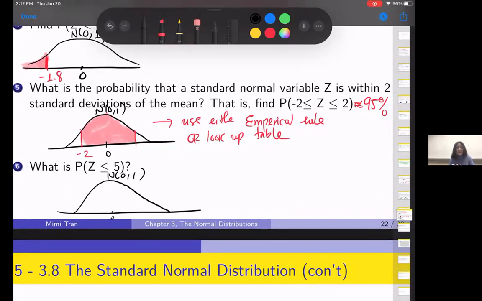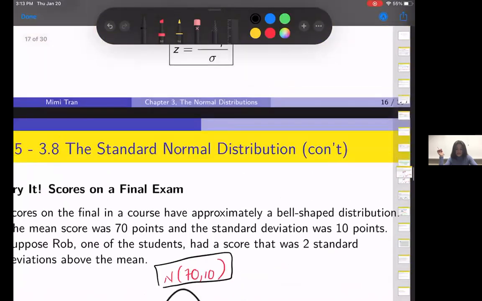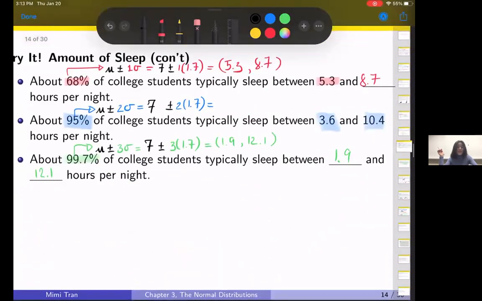Basically it's almost 100%, right? Remember, for the empirical rule, between -3 and 3 is covered what, 99.7 something? Let me go back. I'm not good at remembering stuff. Yes, 99.7%. That's just from -3 to 3.